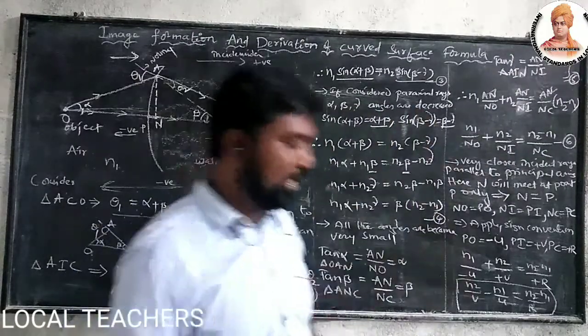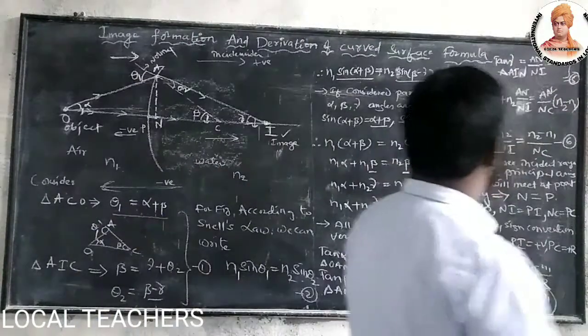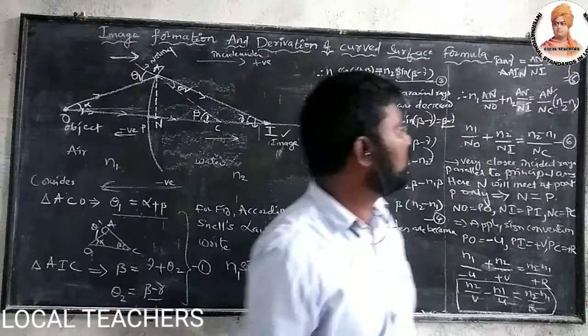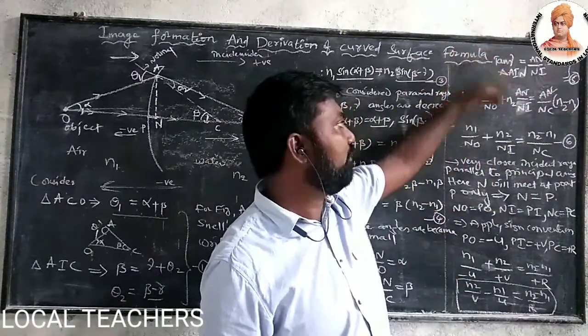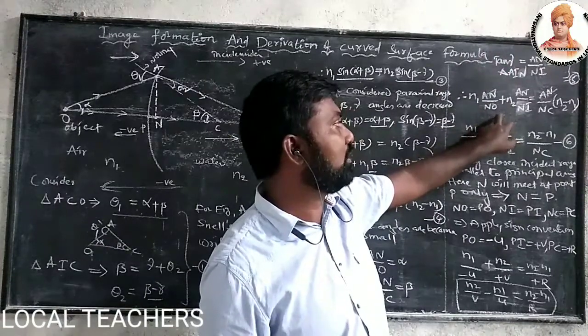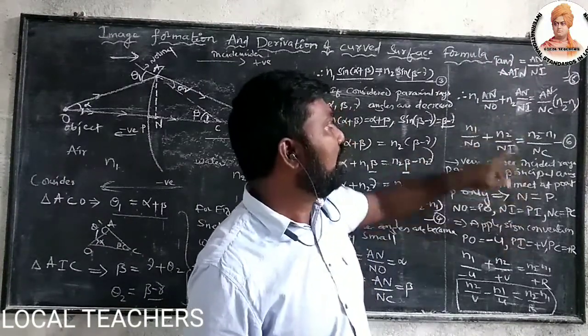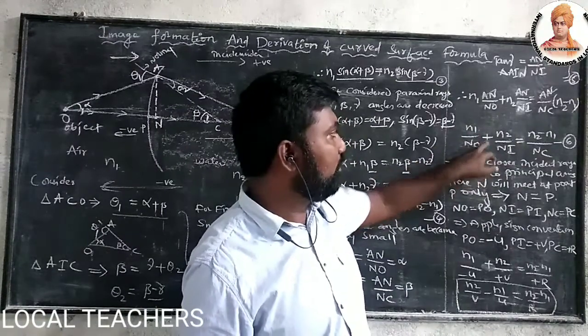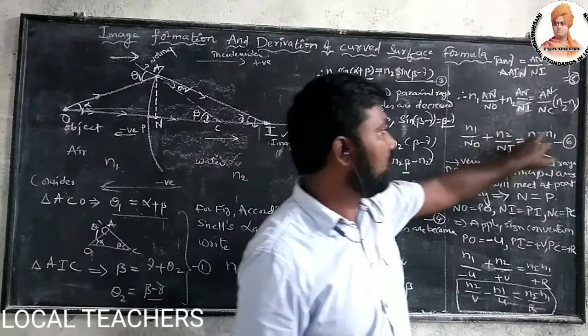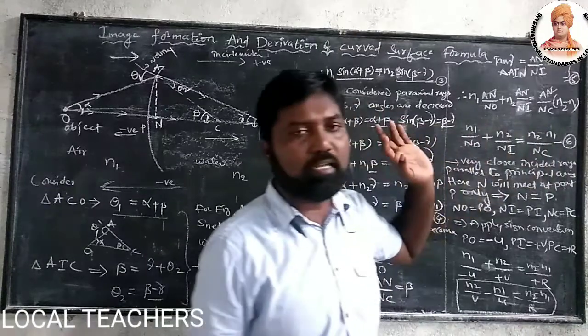Considering three triangles, I got the alpha, beta, gamma values. Substituting these in the previous equation, I got N1 by NO plus N2 by NI equals N2 minus N1 by NC.